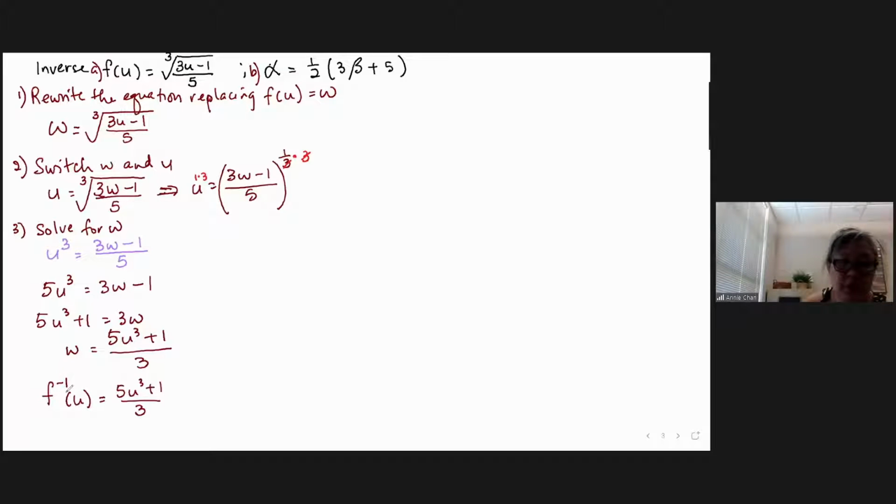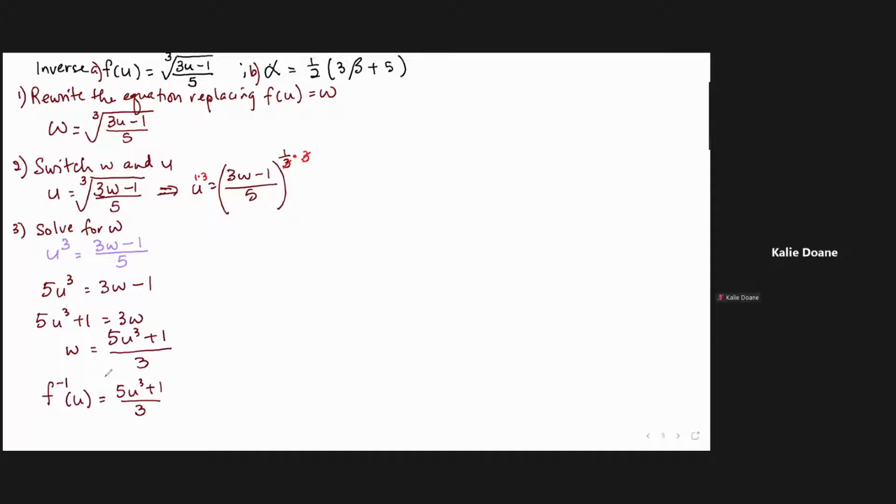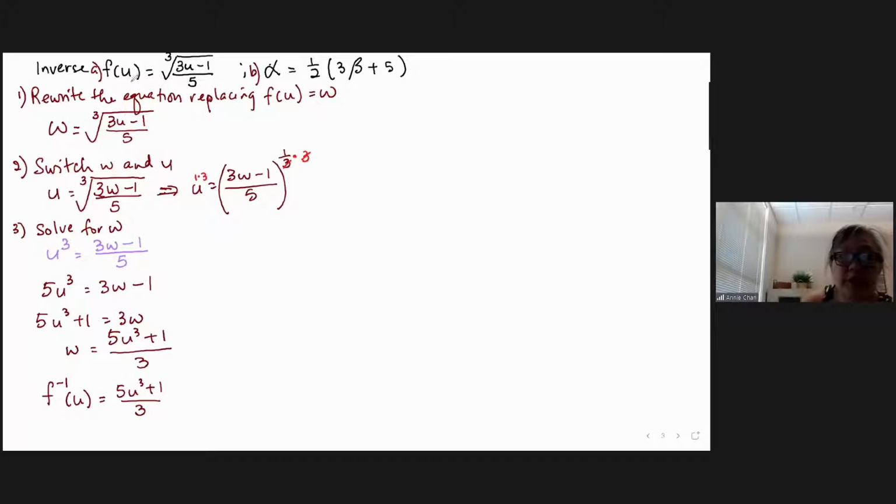Do you remember this way of writing the function? Yes. Okay, because the question gives it to you in the function form, you write your answer in the function form. To show that I've already inversed it, you add the -1 as if it's an exponent of the f, but it is actually not, it's a sign to show that my f of u has been inversed, and this is my equation.